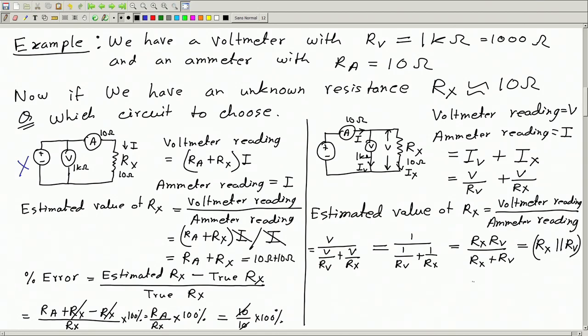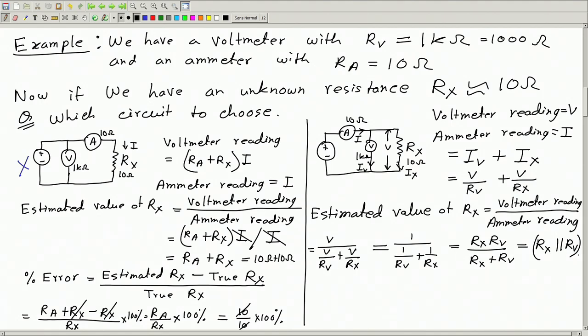So what we are actually measuring is not Rx, but the parallel combination of Rx and RV. This will be the same as Rx only if RV is much higher than Rx. Then the parallel branch can be ignored.